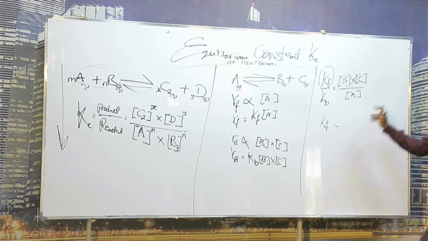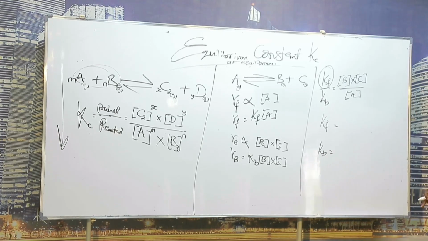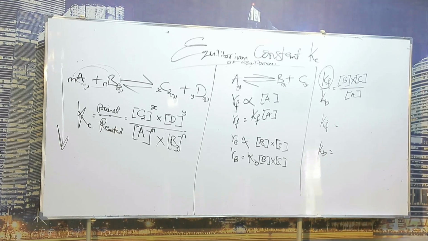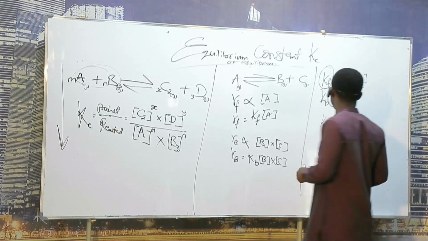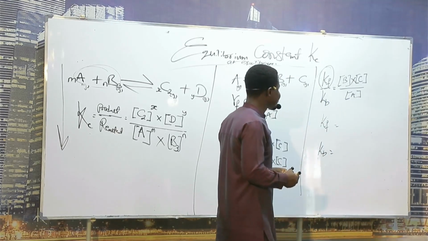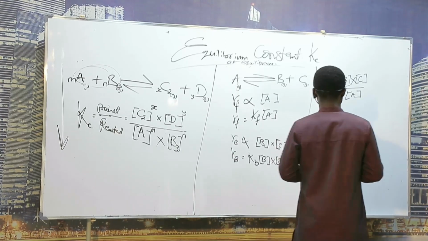Just write what it will be. Give me the expression KB for the backward reaction. Write what it will be. Okay, what are you getting in this one? No, you're not doing what I want you to do.